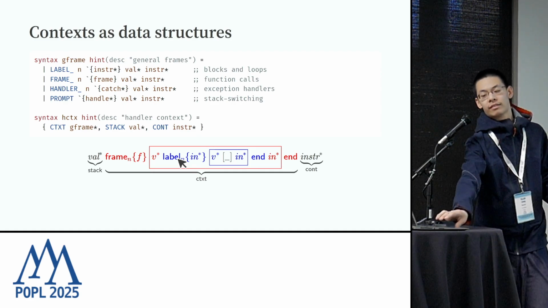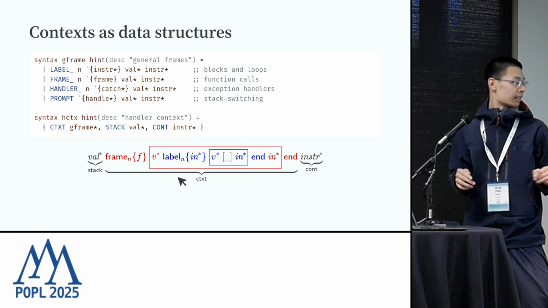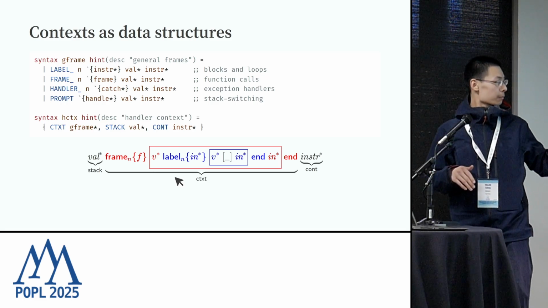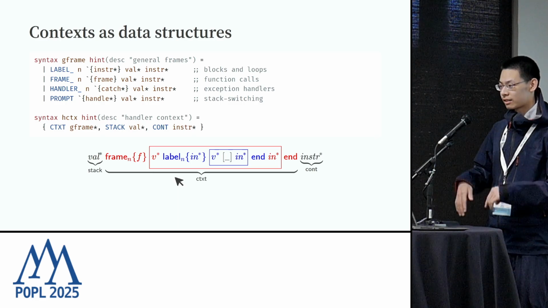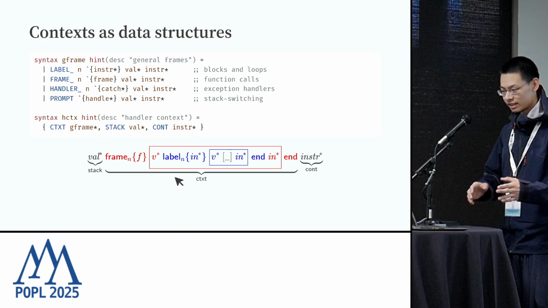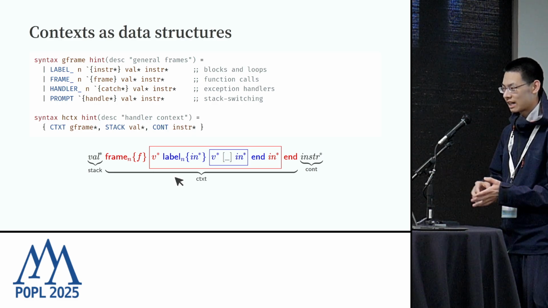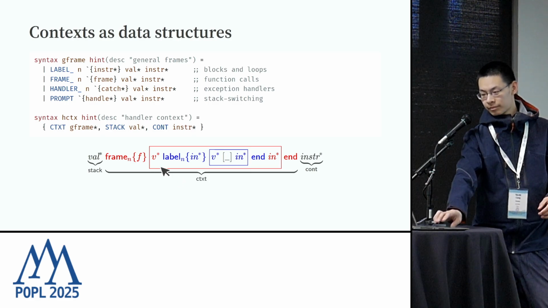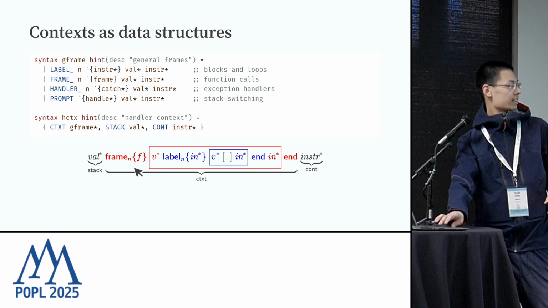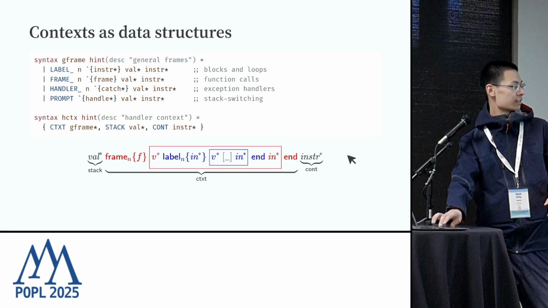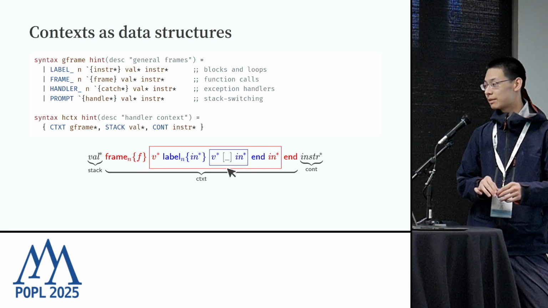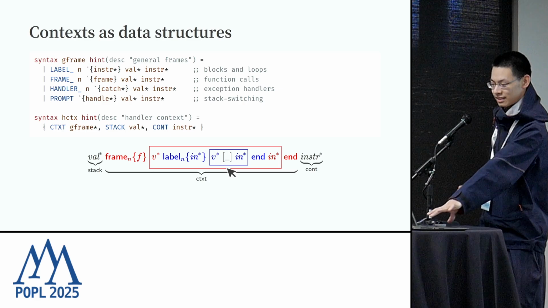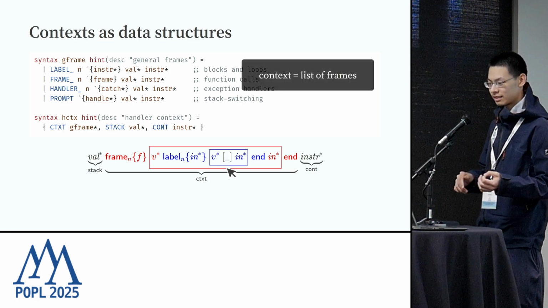For example, consider the instruction sequence below. We have a stack of values, we have a frame, and we have an instruction sequence at the end. The context is defined as, well, the red part is the first frame and the blue part is the second frame, which is basically what the context is. So in my implementation, context is a list of frames.